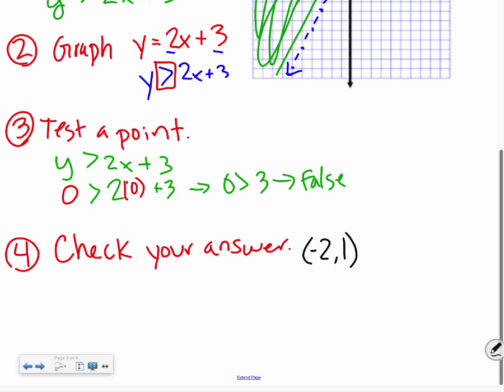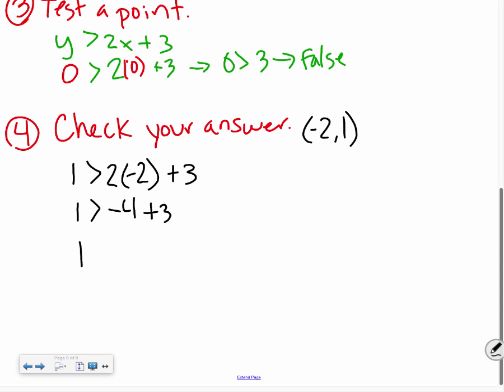My y is going to be 1, so I have 1 is greater than 2 times -2 plus 3. What's 2 times -2? That's -4 plus 3. And if I keep going, I have 1 is greater than -4 plus 3, which is -1. Is 1 larger than -1? Yes, so we know that our answer is correct.